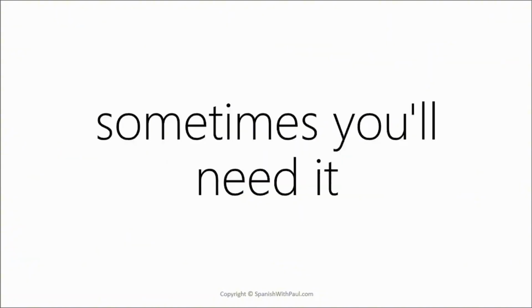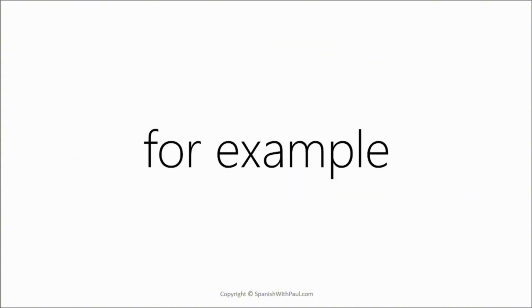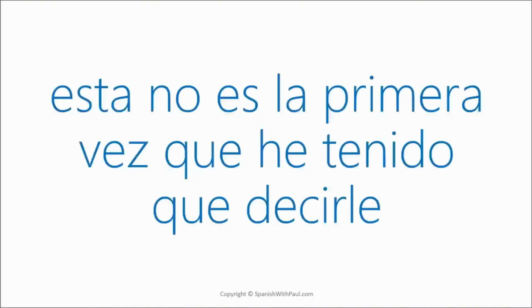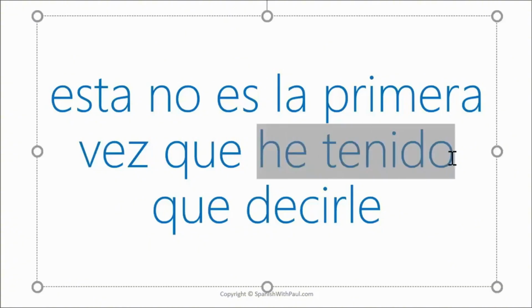Now sometimes you'll find that phrase quite useful. For example, how would you say, this isn't the first time I've had to tell him? Esta no es la primera vez que he tenido que decirle. So here we have our phrase of I've had to, he tenido que.